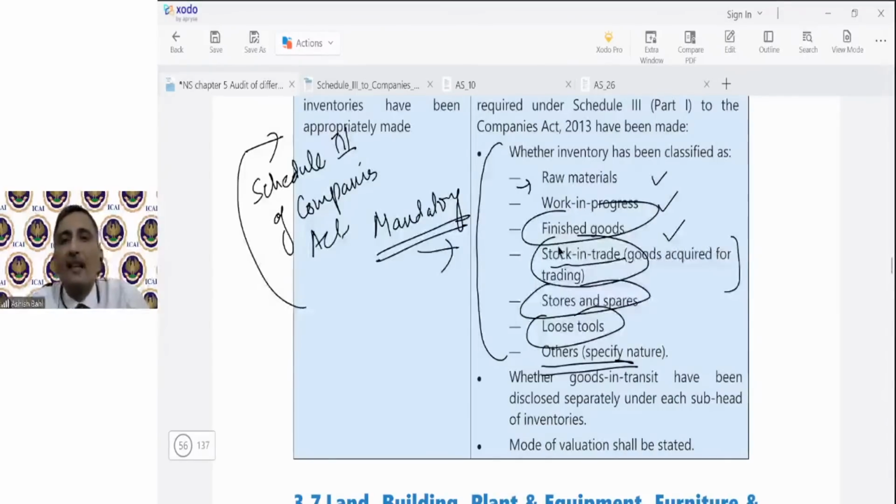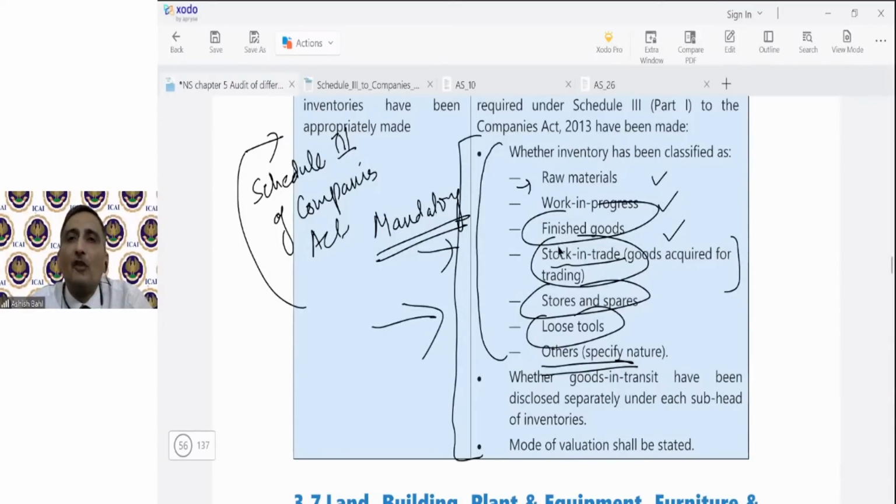Say, Faizan, if this question is asked in your paper, how inventories are to be disclosed in financial statements of company in accordance with requirements of Schedule 3 of Companies Act. So you have to write all these points from here to here.